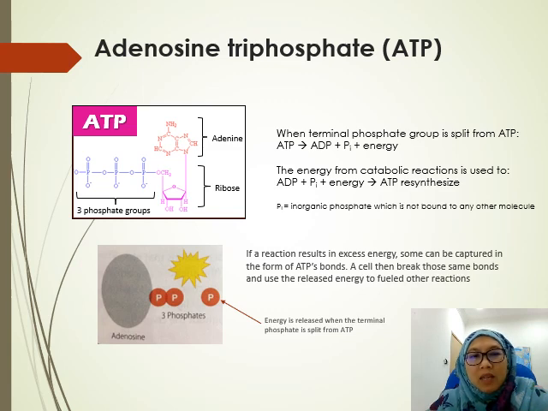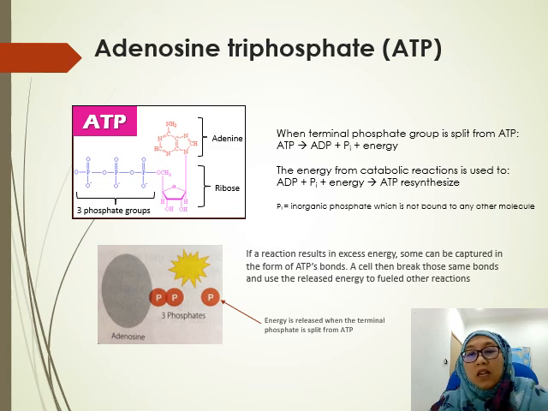When the terminal phosphate group is released or split from ATP, adenosine diphosphate is formed and energy is released to drive the anabolic reactions. You can see here in ATP, one of the phosphates is released. Now P becomes phosphate, and the molecule ATP becomes ADP.